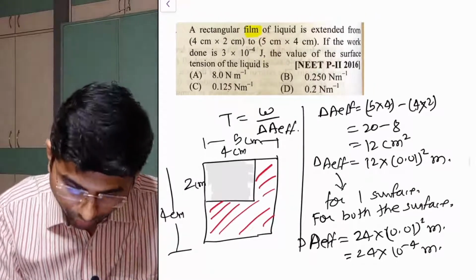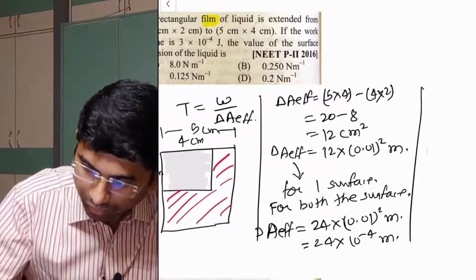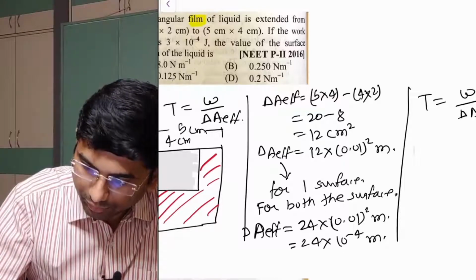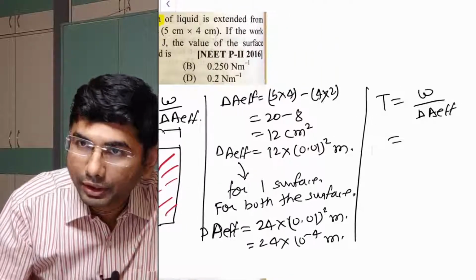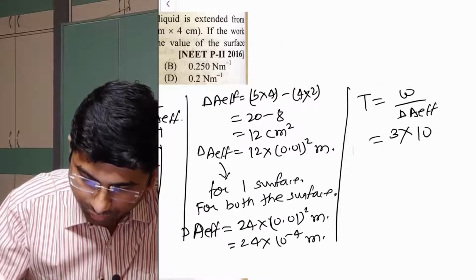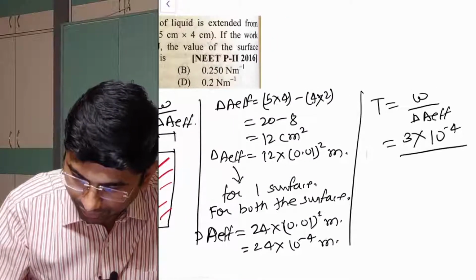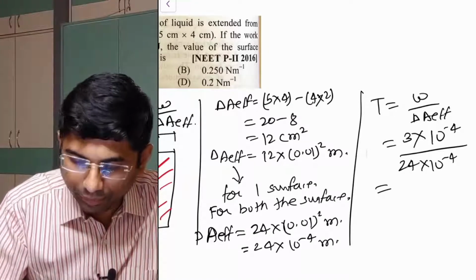Okay, now what is being asked to us? Tension. Tension is equal to what? Tension is equal to work done upon effective change in area. Work done which is given to us is 3 into 10 to the power minus 4 joule, and the area which is given to us is 24 into 10 to the power minus 4. That's the change in area which had happened.